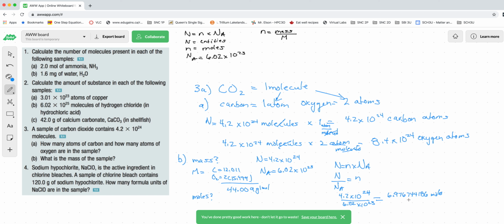So I have to take that number and plug it into the other formula, moles equals mass over molar mass, to find the mass. So this is almost step 2 here. So now we do have the moles.